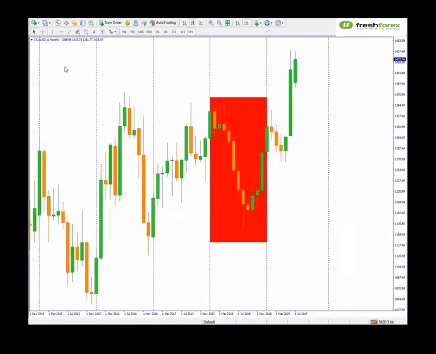It's actually a green candle. This is the opening price, this is the highest price we reached, this is the lowest price that we reached, and this is the closing price. The closing price should be here, if I'm not wrong. This is how the candle looks.